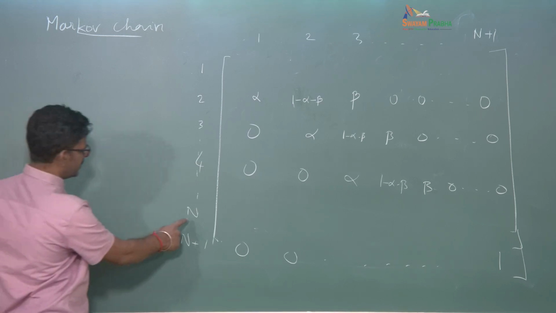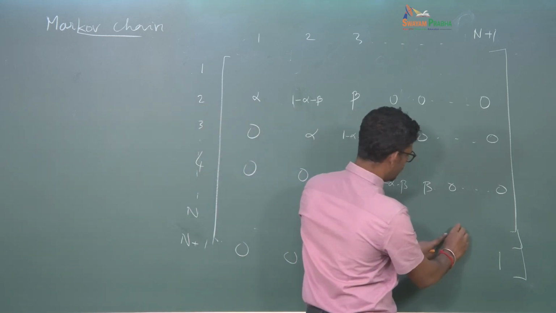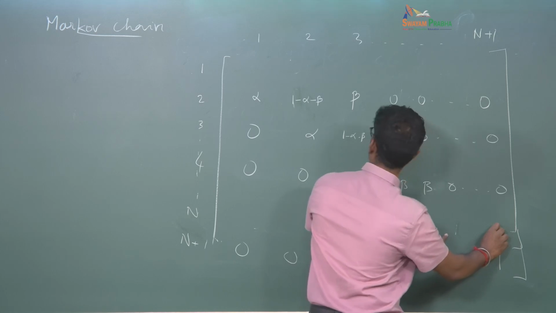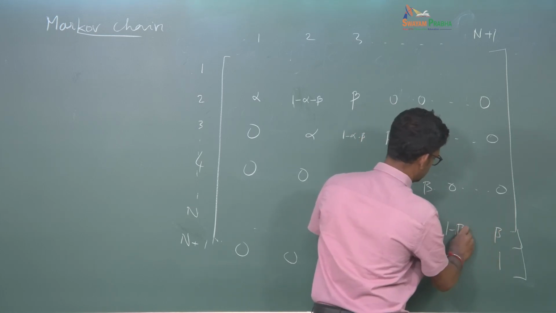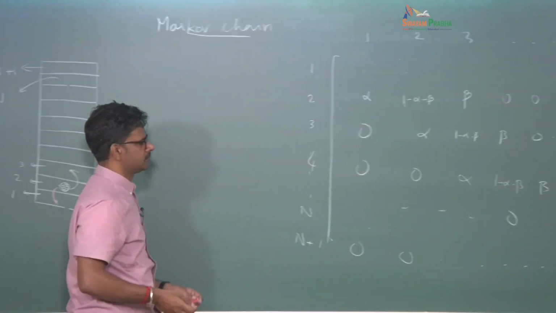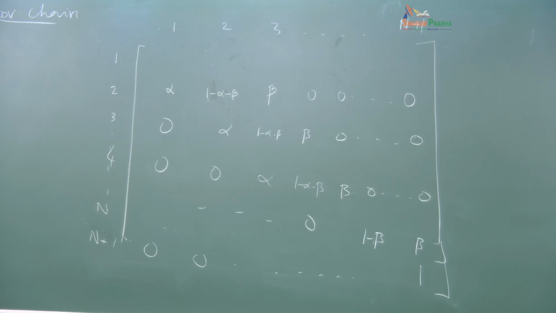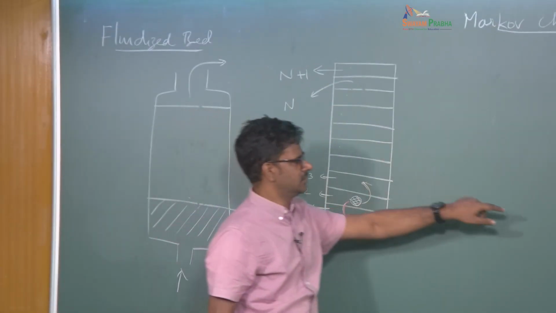Whereas when it is in n, it can remain in n, or it can go forward, and the forward jump is beta, something like this, and everything else is 0. So when it is in n, it can jump forward to n plus 1 or remain in n, these two.